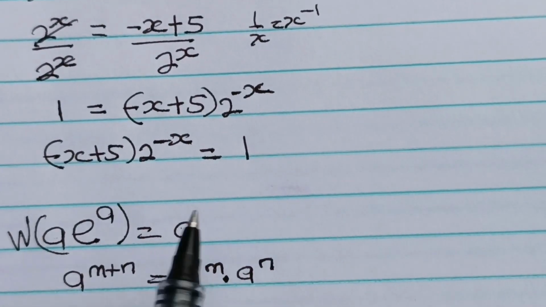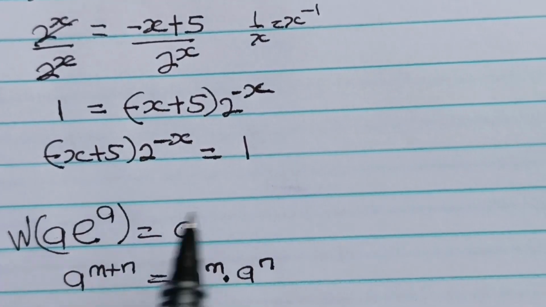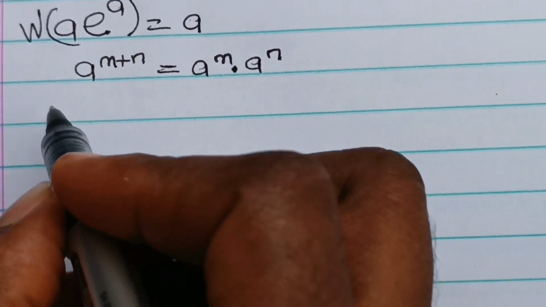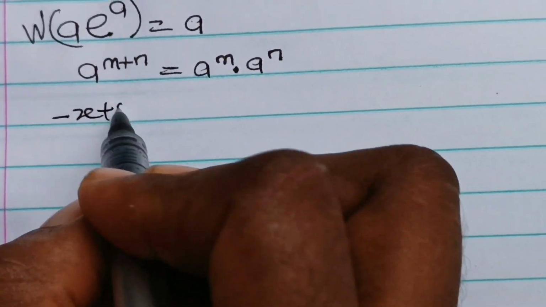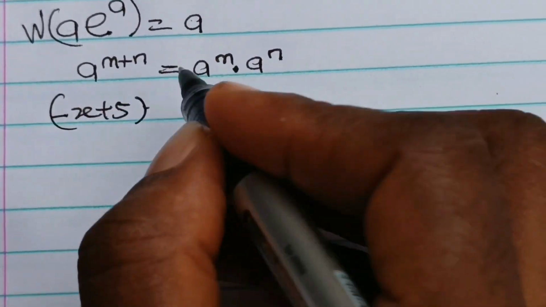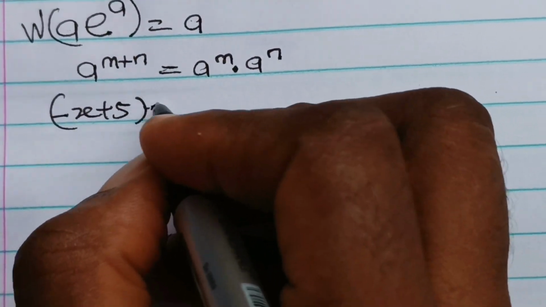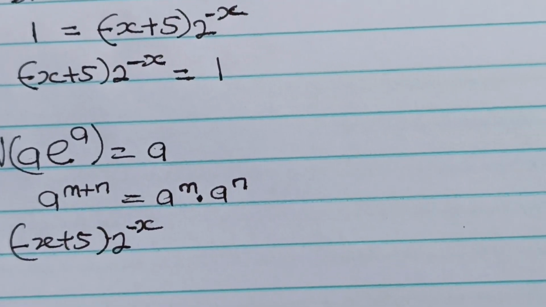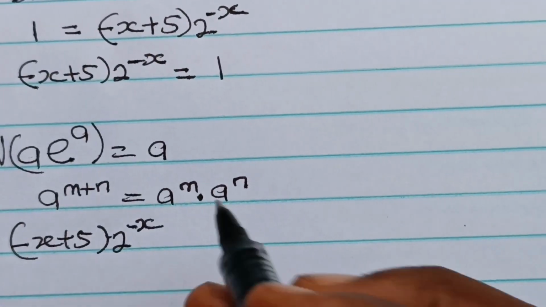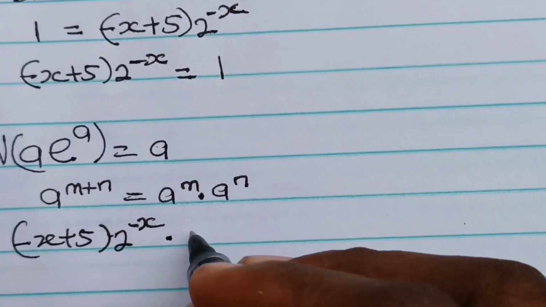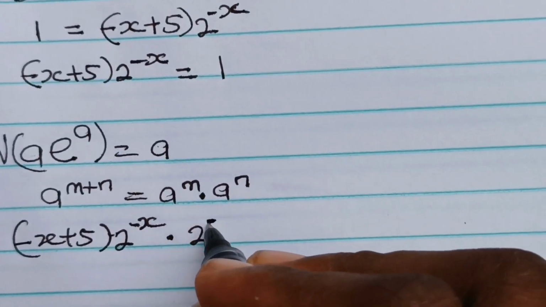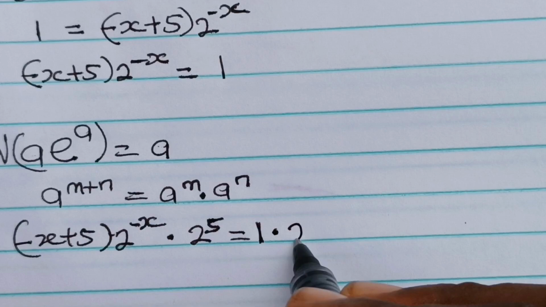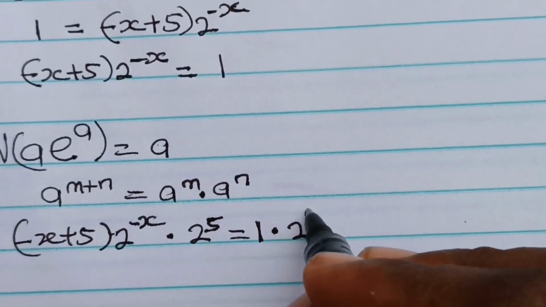So we are going to multiply both sides of the equation by 2 to the power of 5. This is what we will write now: minus x plus 5, raised to the power of 2 to the power of minus x, I'm copying this so that you can see it, multiplied by 2 to the power of 5, is equal to 1 multiplied by 2 to the power of 5.